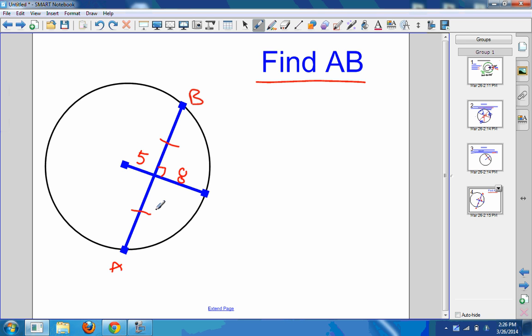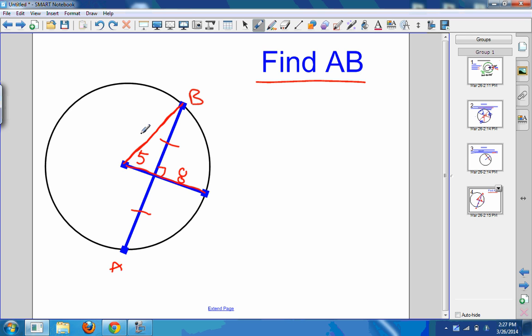To find this, we're going to have to use this right angle and some right triangle knowledge that we've learned from previous classes. If I draw this, this is a radius. The radius of this should be the same as that radius. So 5 plus 8 is 13.